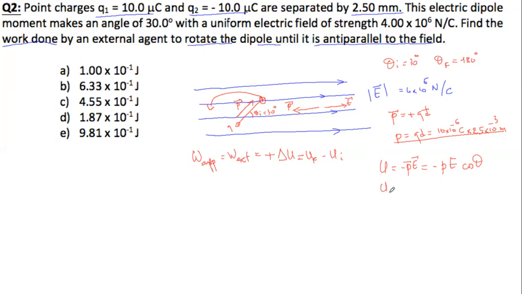So you know that U final will be minus PE cosine theta final, which is 180 degrees. So this is nothing but plus PE. Then U initial is minus PE cosine 30 degrees.